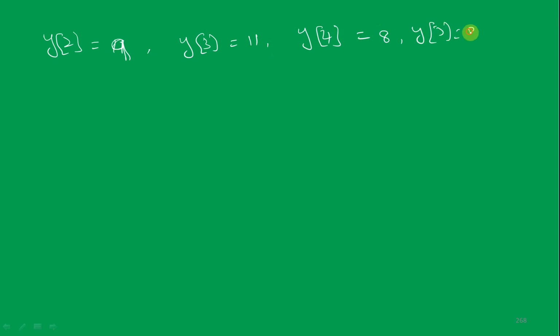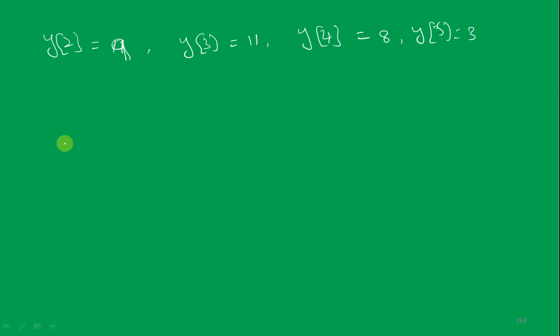Okay, so in this, just find y of 2, y of 3, y of 4, y of 5. So y of 2 is nothing but here, so you can get 11. y of 3 is 11, y of 2 is 9, y of 4 is nothing but 8, y of 5 is nothing but 3.